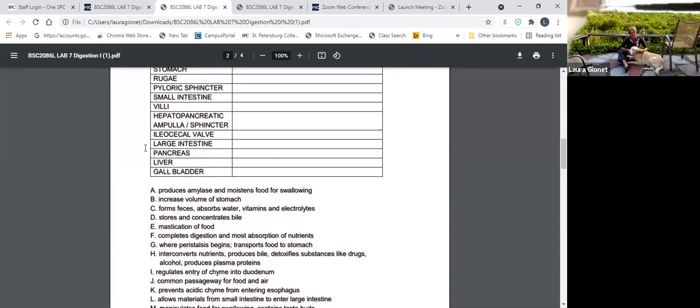Now, we used to have an option just for hepatopancreatic ampulla or sphincter. That's the point that it enters. We'll look at a picture of that. The ampulla is a dilated region along the pathway, like in the lymphatic system.